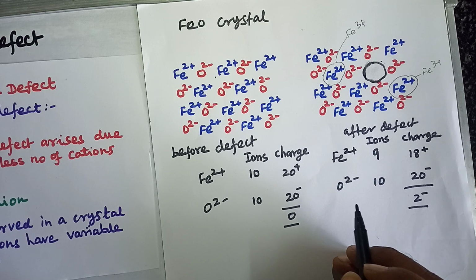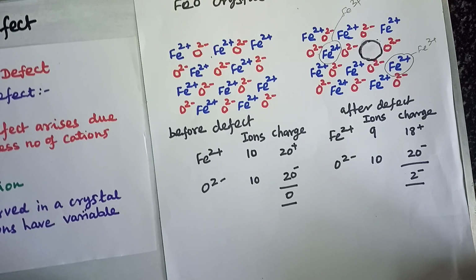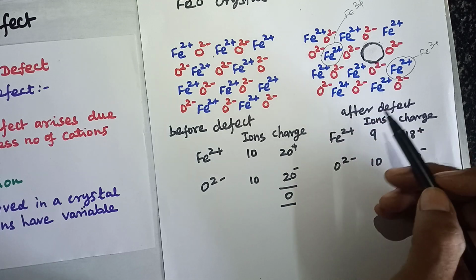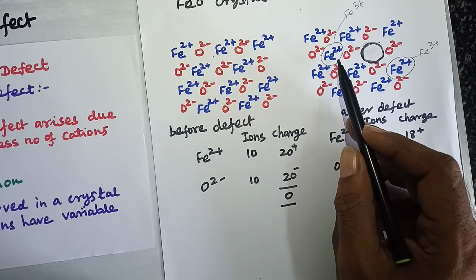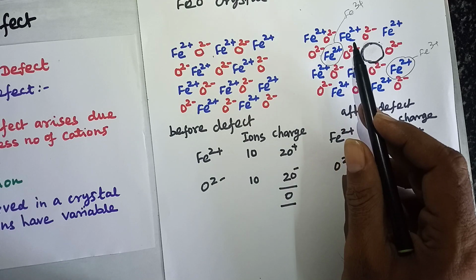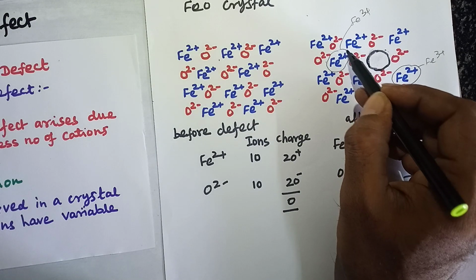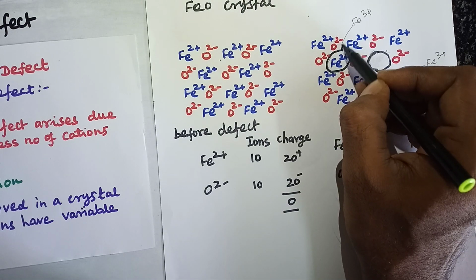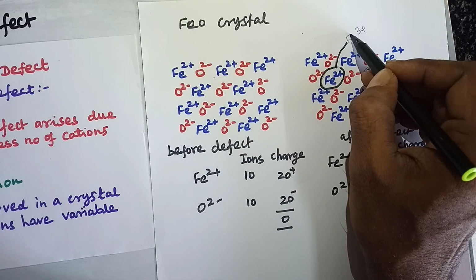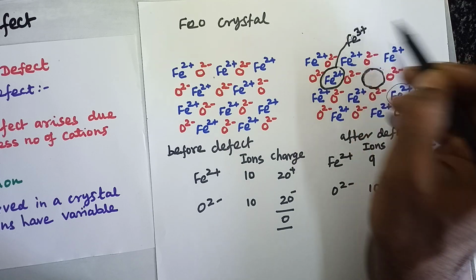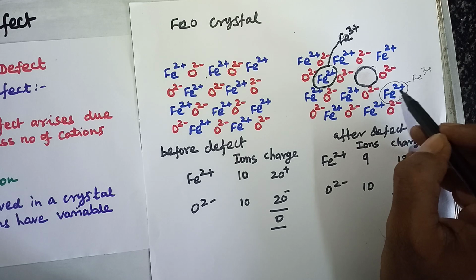So in order to maintain electrical neutrality, the neighboring Fe2+ ions get oxidized to Fe3+ ions. For one missing Fe2+ ion, two neighboring Fe2+ ions get oxidized to Fe3+ ions for maintaining electrical neutrality.